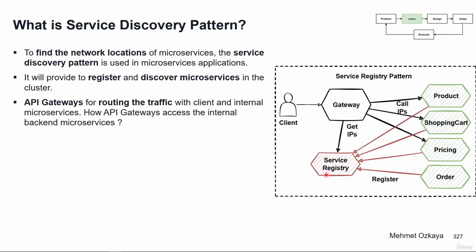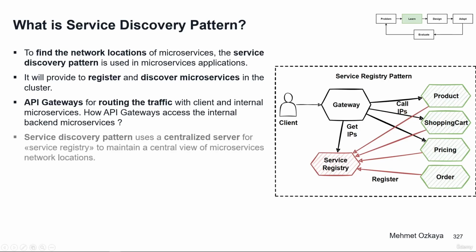Because in a microservice-based application, we have many instances of several services on different servers. Due to dynamic changes in the IPs and port numbers of these microservices, it is much more difficult to manage the service discovery operation. So the service discovery pattern uses a centralized server for the service registry in order to maintain a global view of microservice network locations.